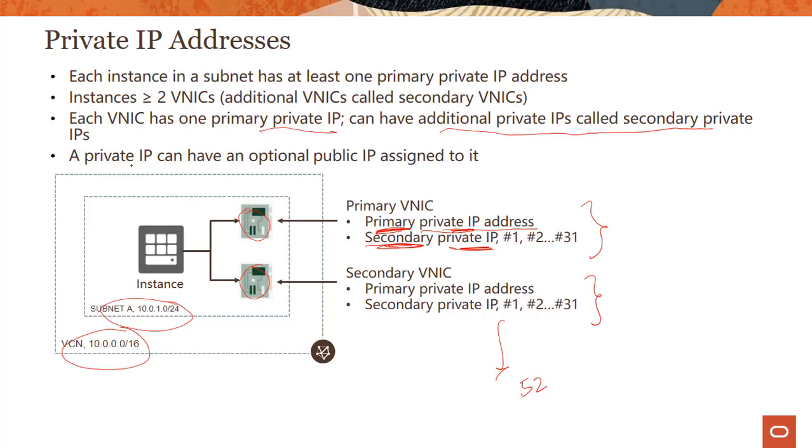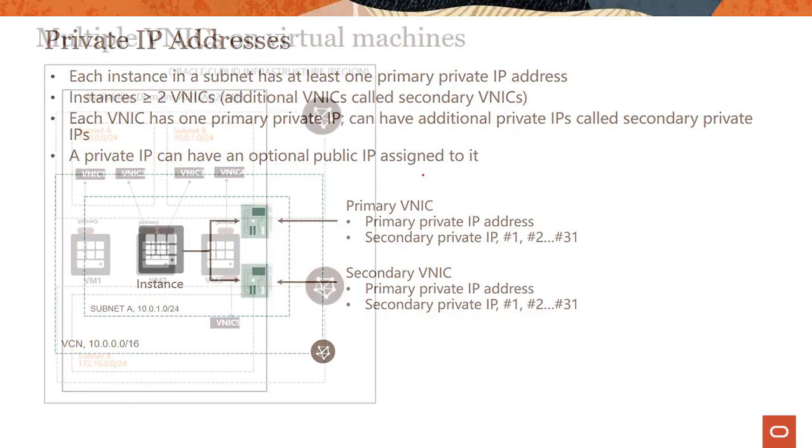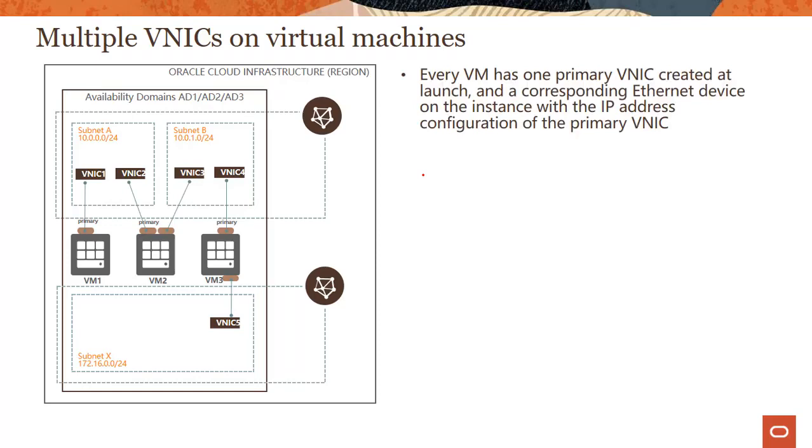Each of these private IPs can have an optional public IP assigned to it. Why optional? In most cases you really don't need a public IP, but if you do, you can assign a public IP to a private IP address. Now how does this work? One question you would ask is, how do I know what is primary and what is secondary VNIC?